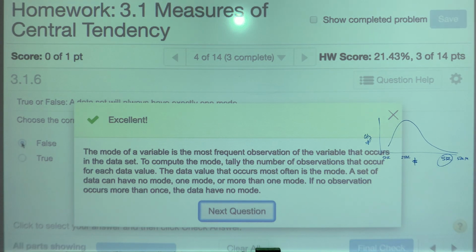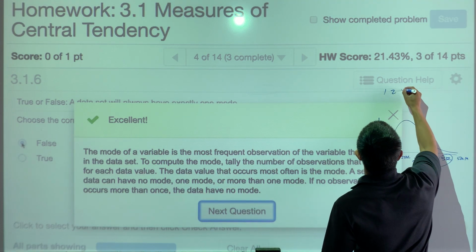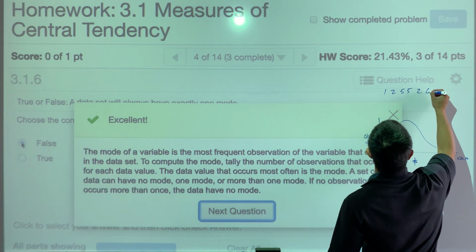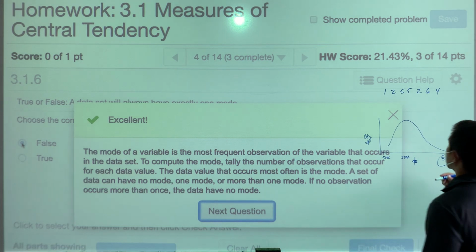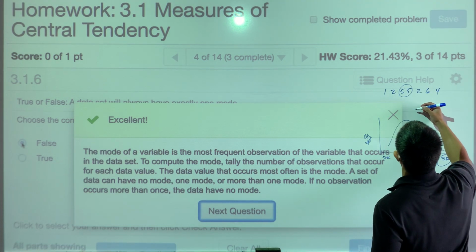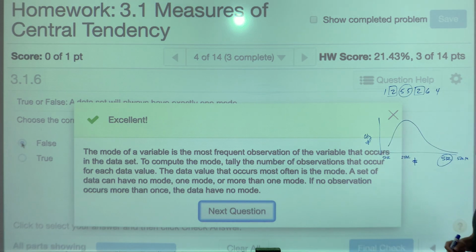So if that didn't make sense for you, the bottom line is that a data set can have more than one mode. And while I'm on here, let me give you a sample data set: 1, 2, 5, 5, 2, 6, 4. What's the mode? The most frequently occurring element. Well, I've got 2 5s, but I also have 2 2s.